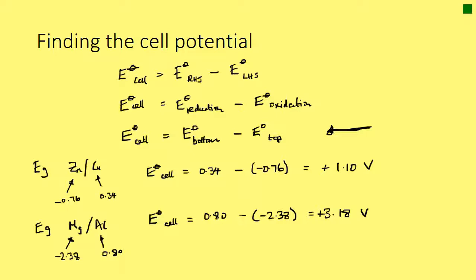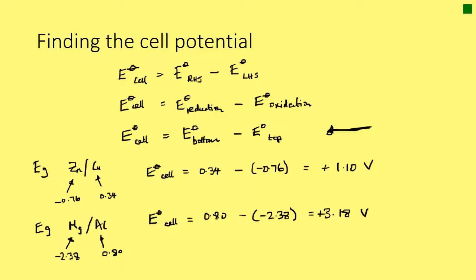So the electrode potential of that cell, according to this version of the equation, would be the electrode potential of the bottom reaction, which would be 0.34, minus the one on top. And as we've worked out before, that comes out at plus 1.10 volts.